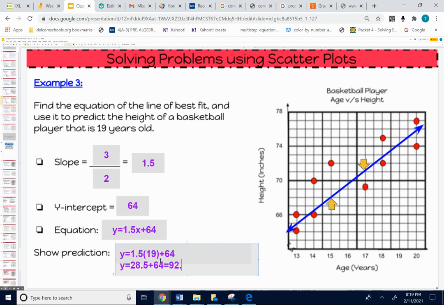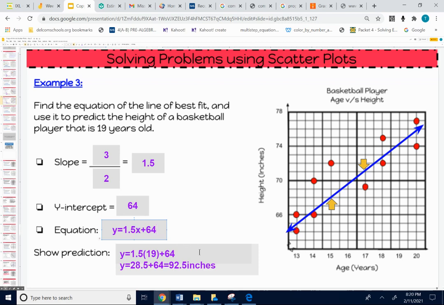So a 19-year-old basketball player may be predicted to be 92.5 inches. We found the slope really carefully. We didn't just do rise over run. We realized it was going up 3 and over 2 years. We found the y-intercept by figuring out where it crosses the y-axis. We put the slope and the y-intercept into the equation, and then we predicted by putting 19 in for x.